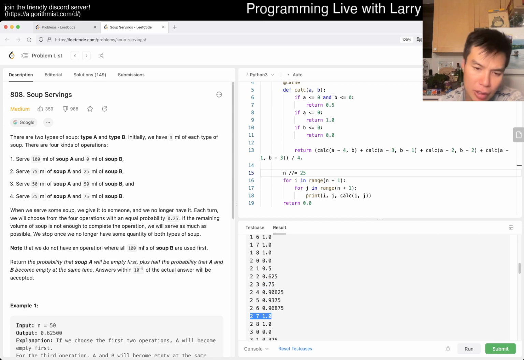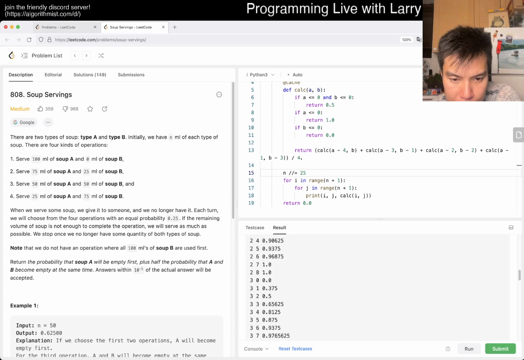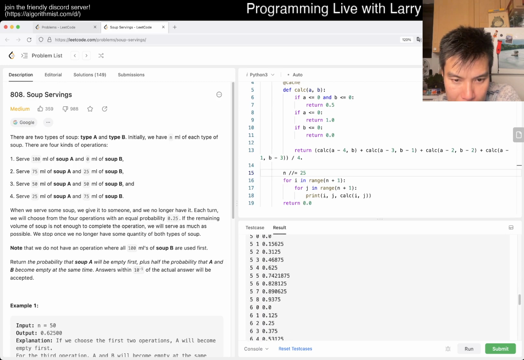Now because of pigeonhole. 3 0, 3 1, 3 3, 3 2 is 0.5. 2 1 is 0.5. I don't know that that's a pattern. Yeah, not really.